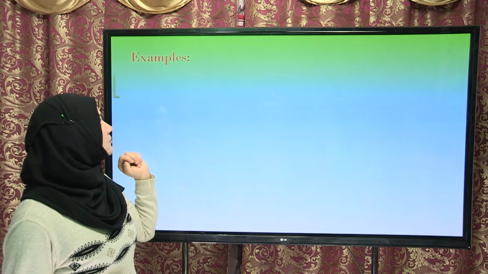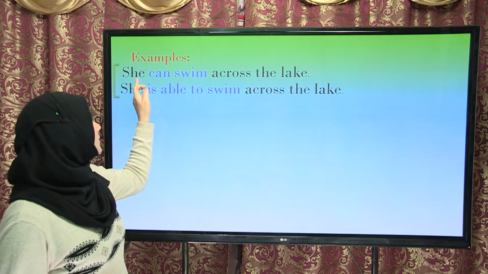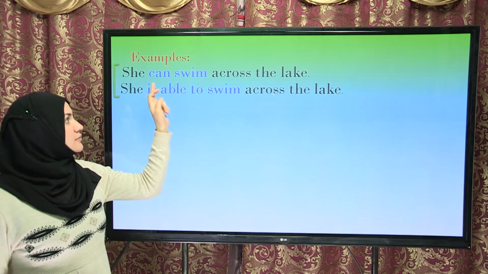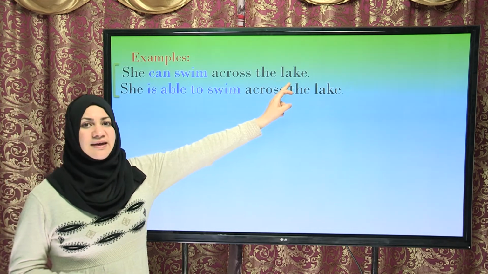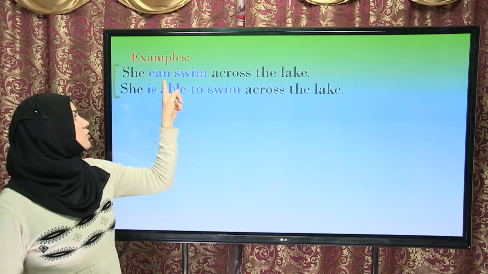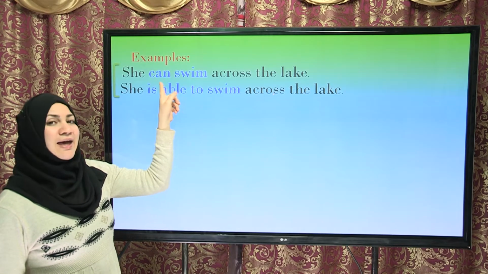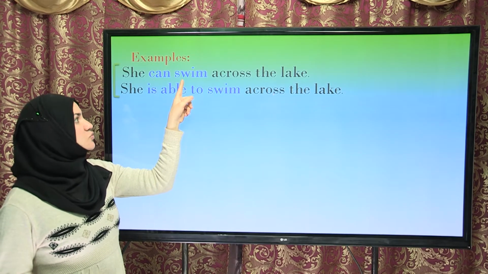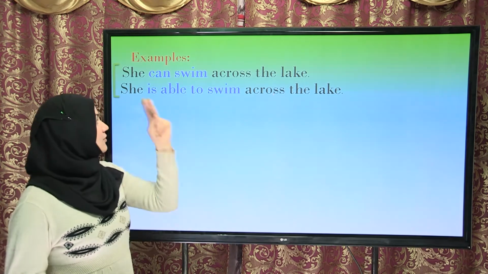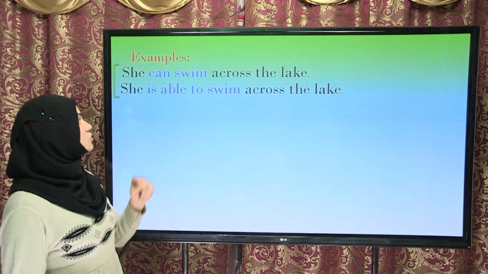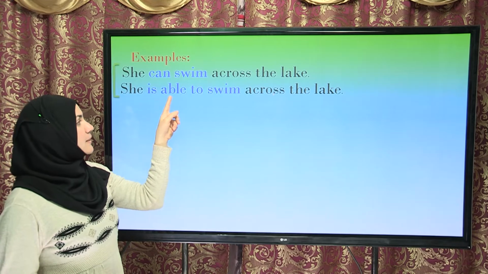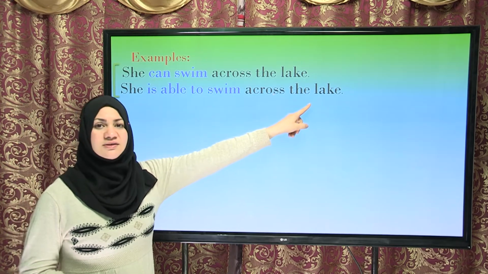We have: she can swim across the lake. Here we used can. Or we can say also, she is able to swim across the lake.